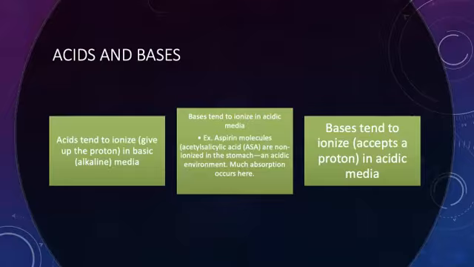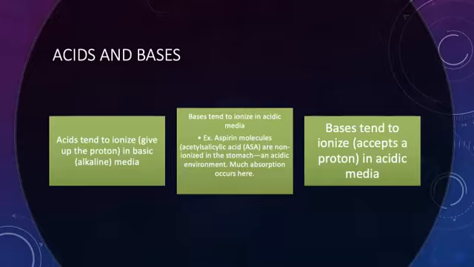It's acetylsalicylic acid, or salicylate, which is aspirin. Again, if it's in the stomach, it's going to be broken down in the acidic environment. There's going to be lots of absorption and potentially some significant damage. And on the other hand, bases tend to ionize, or accept the proton, in an acidic environment.